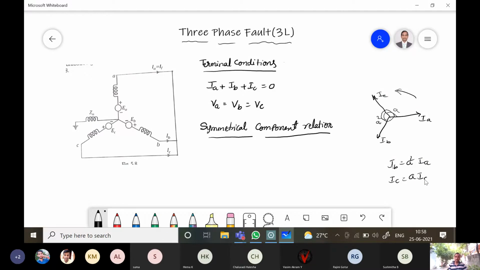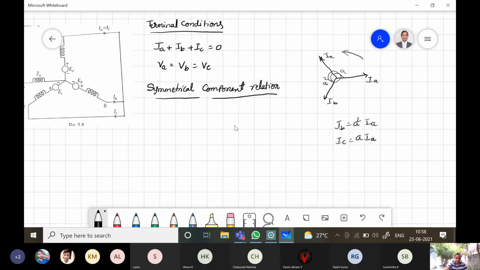So we can use these IB and IC equations in the symmetrical components, that is IA1, IA2 and IA naught, that is positive sequence, negative sequence and zero sequence components.